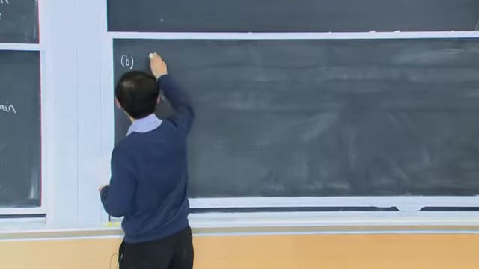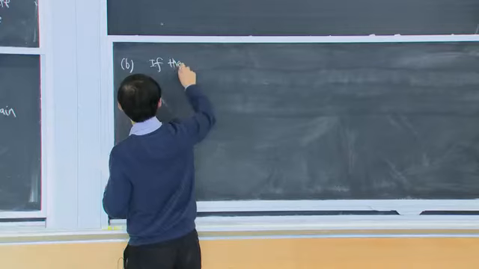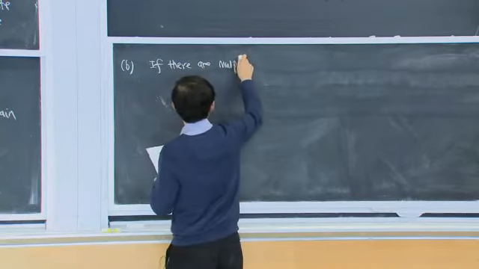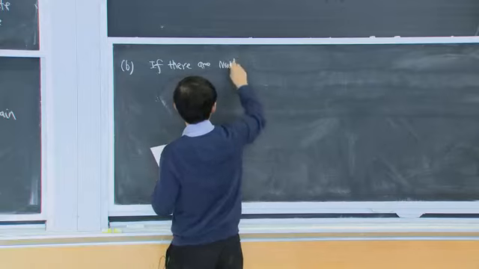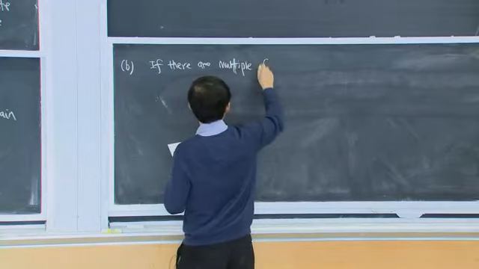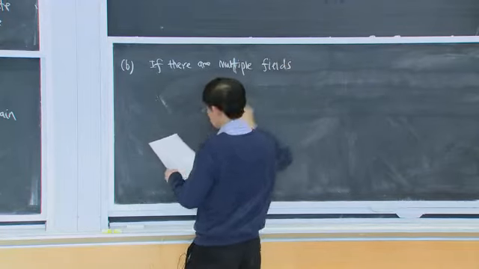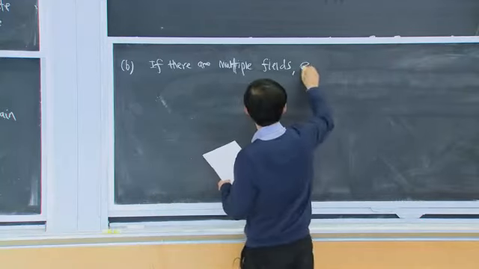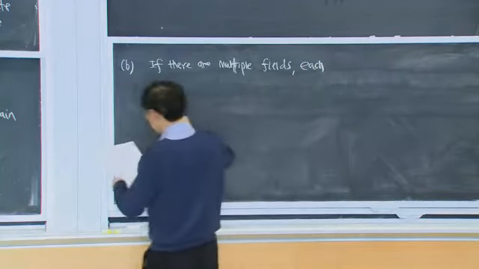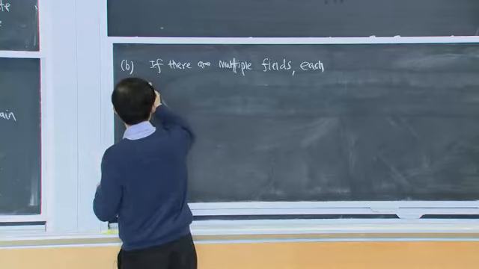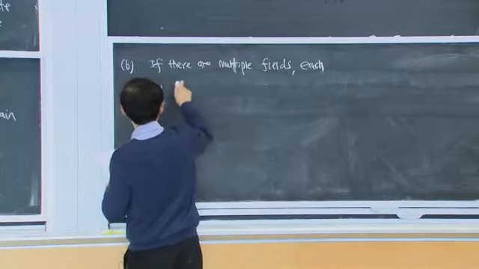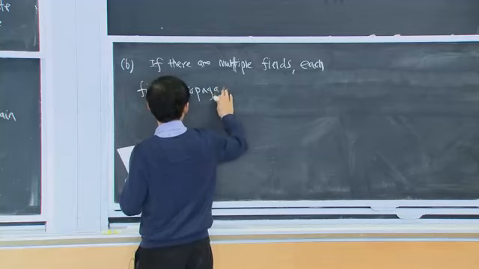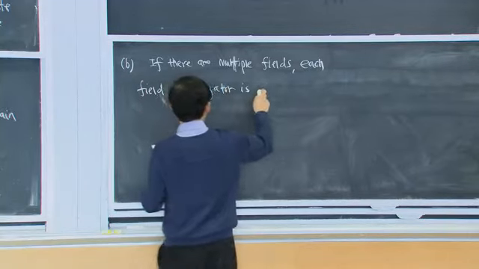If there are multiple fields, the story is again very much parallel, and the only difference is that each field, each propagator, is represented by a different line.